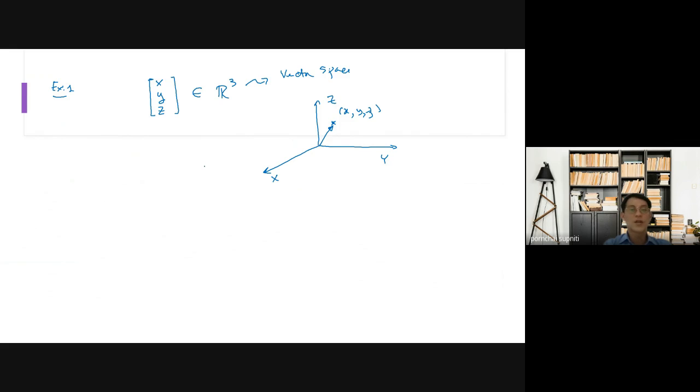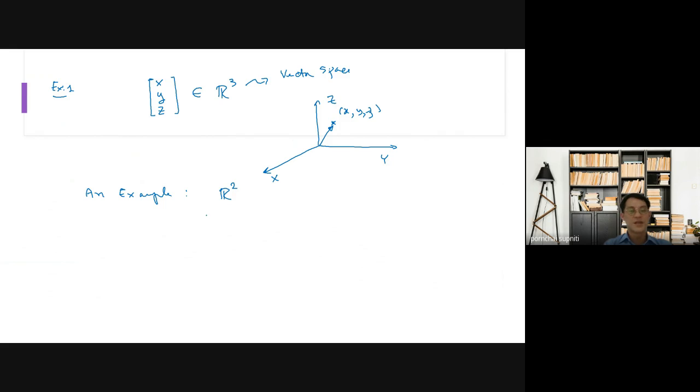So, what can be an example of a subspace? Well, an example of a subspace is, for example, R squared.